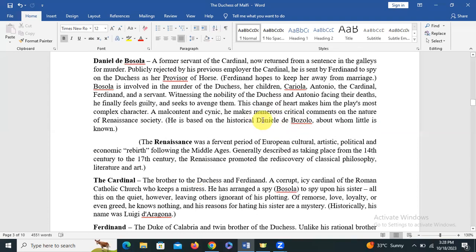In the same way there was a person with the name of Daniel de Bosola. So this character has been taken from the real character. But we cannot say that this is a proven thing, that he really existed there, or that he had such a character.